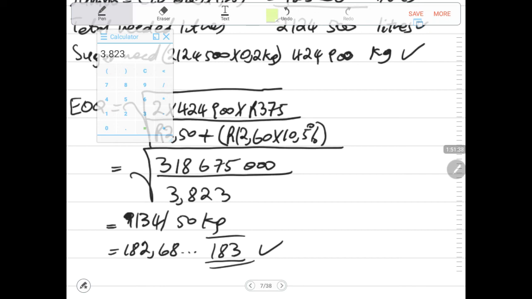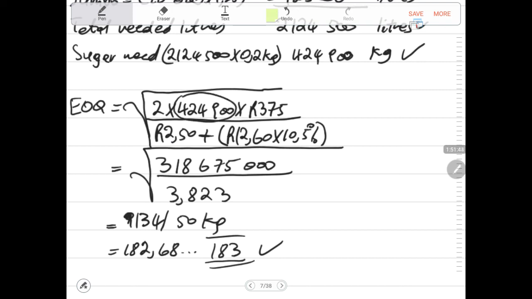Now, the other side of this question is to convert these kgs into the number of 50 kg fabric sacks. If you do that, you'll divide this by 50 kgs. Then that means our annual demand will be in number of 50 kg fabric sacks of sugar.